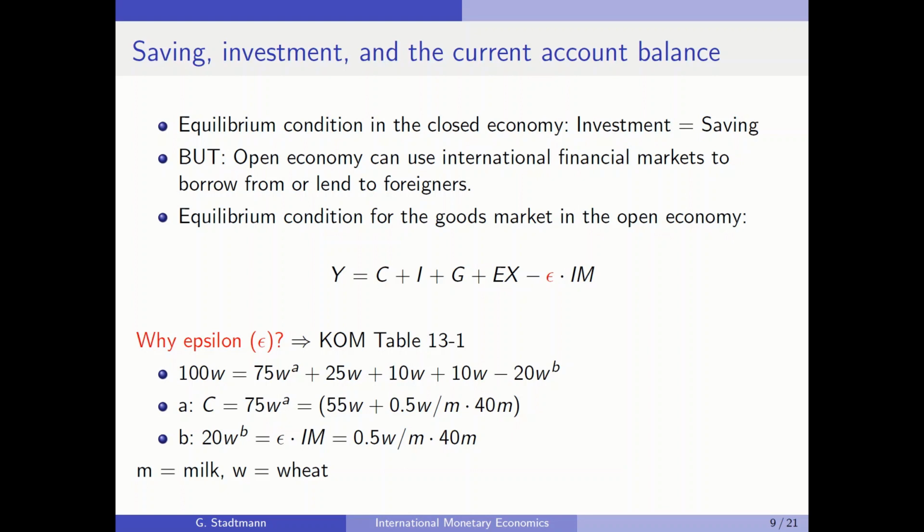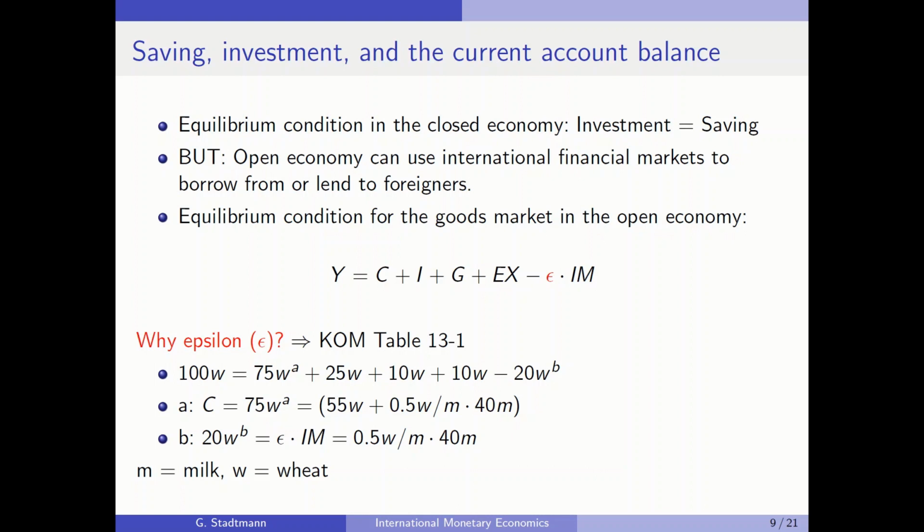Actually, we are importing these 40 units of milk. You can see that there is a little index B above the variable which represents the import units, so that the 40 units of milk have the value of 20 units of wheat.